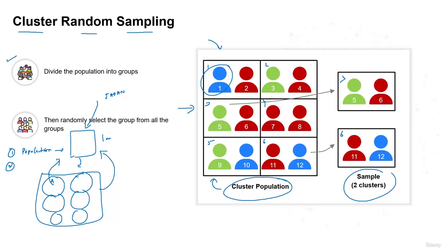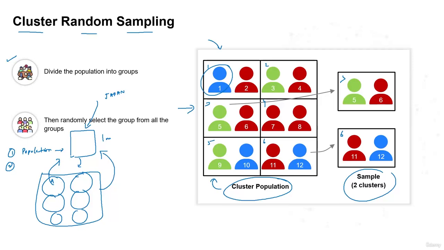That is why this method provides less statistical certainty than simple random sampling. Because clusters are usually naturally occurring groups, such as schools, cities, households, etc., they are often more homogeneous than the population as a whole.